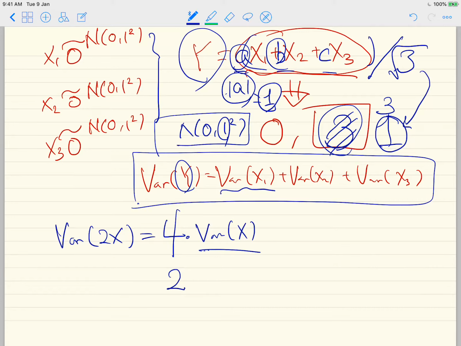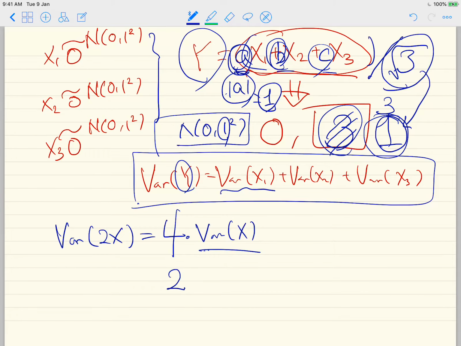Let's simplify this situation by just setting A, B, and C as 1. So in this case, we need this kind of factor to scale it down to have the unit variance in case we have unit variance for each of our input variables.